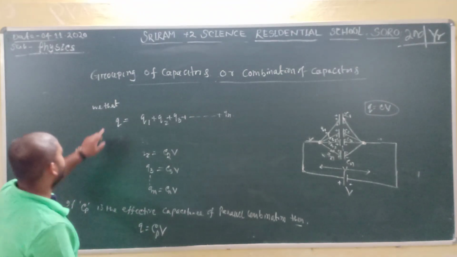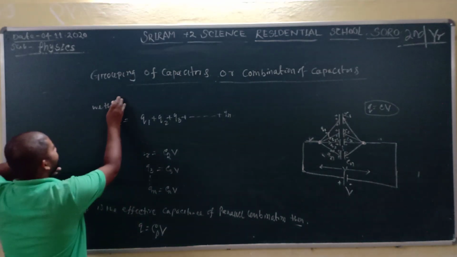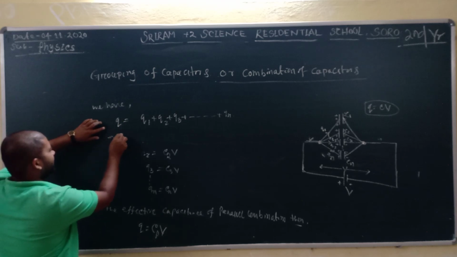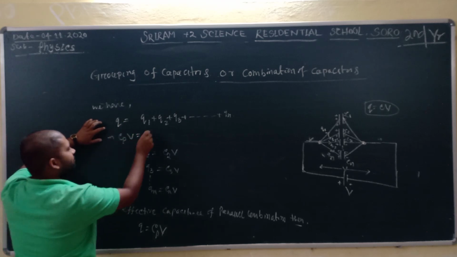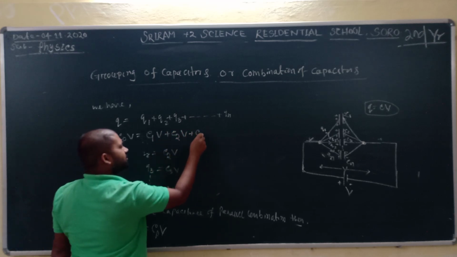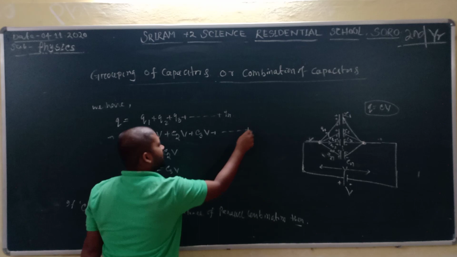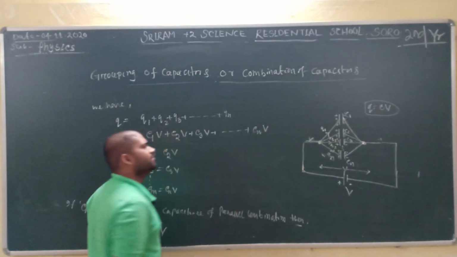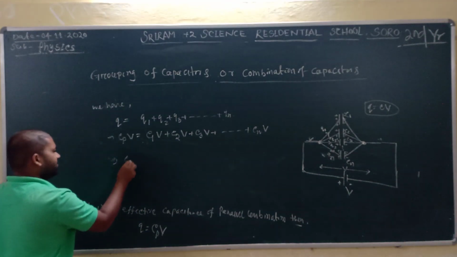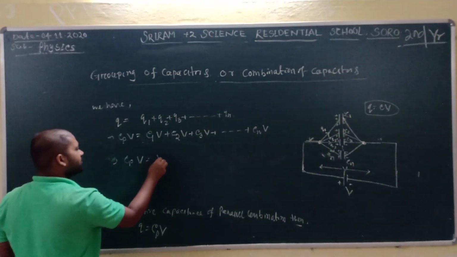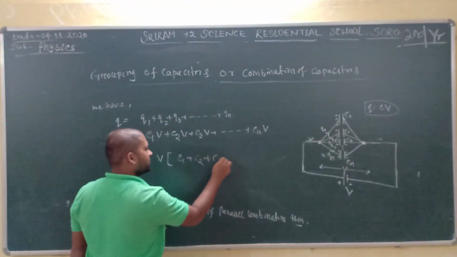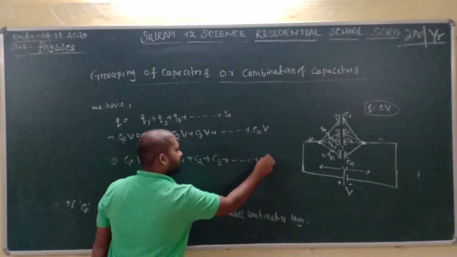Substituting, CpV equals C1V plus C2V plus C3V plus dot dot CnV. Taking the common potential V out and cancelling it, Cp equals C1 plus C2 plus C3 plus dot dot Cn.